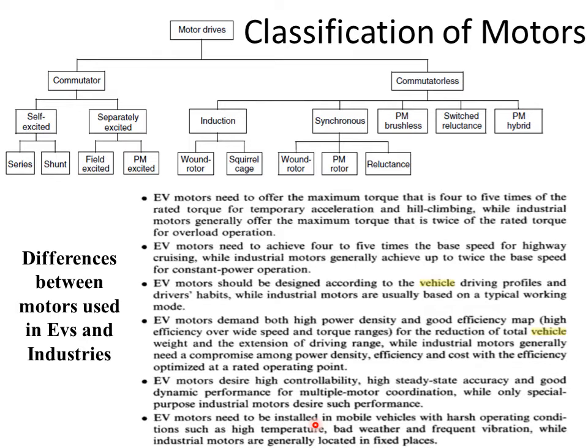Whereas industrial motors are expected to be kept in a particular condition, statically in a particular place, so that is not a concern in the case of an industrial motor. So these are some of the differences between the motors used in EVs and in industries.